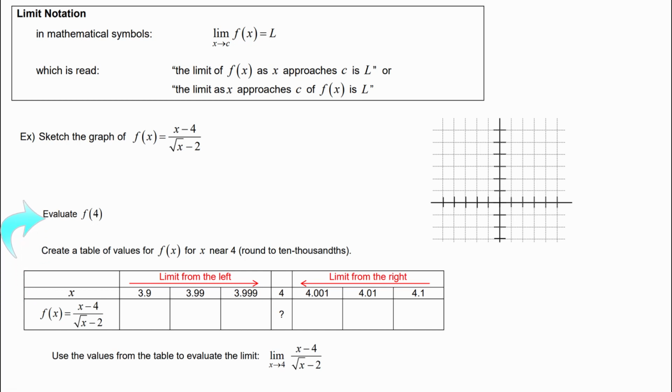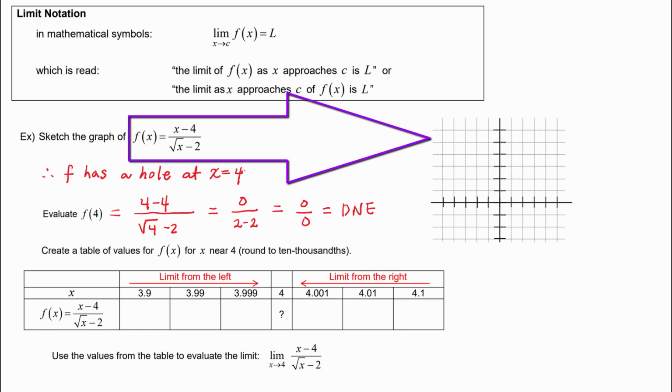First of all, let's evaluate f(4). I get 4 minus 4 over radical 4 minus 2, which is 0 over 2 minus 2, so I get 0 over 0. So f(4) does not exist, and we know this function has a hole at x equals 4.